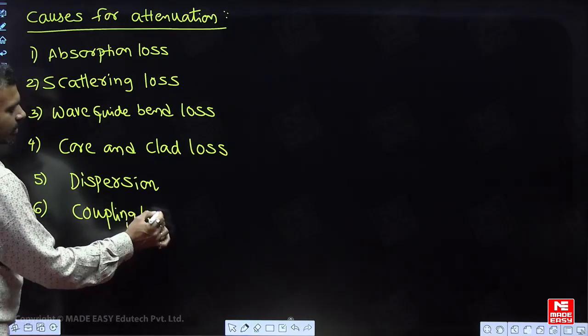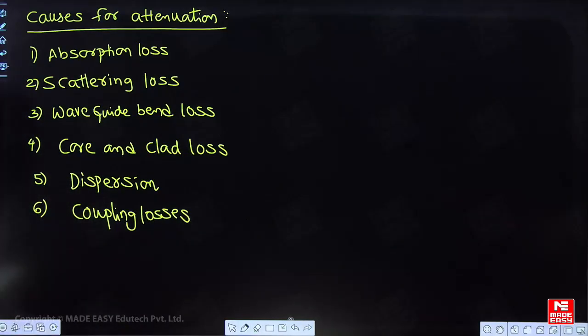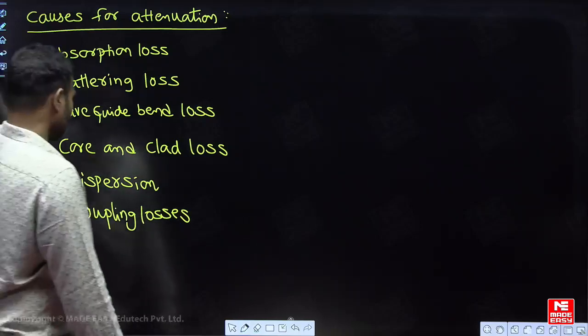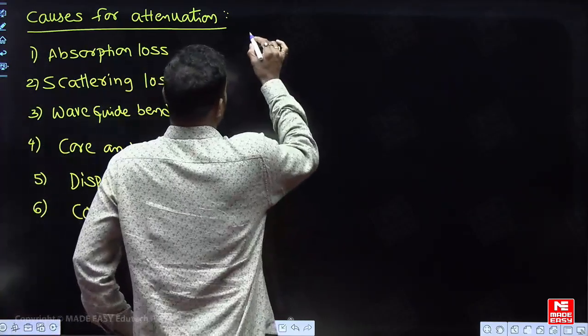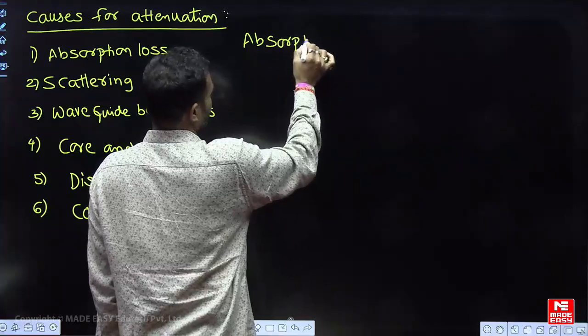So all these are the reasons for having losses in your optical communication system. We will study each one in detail: absorption loss, scattering loss, waveguide bend loss, core and clad loss, dispersion and coupling loss. I can start explaining absorption loss.